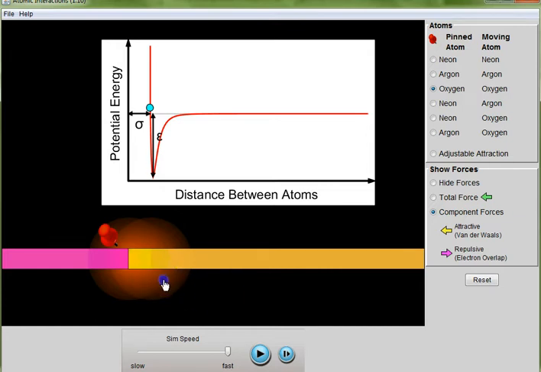So when you talk about a bond length, let me start a bond animation. You should be able to see it when you do the demo. You should be able to see that the atom here is actually vibrating back and forth.